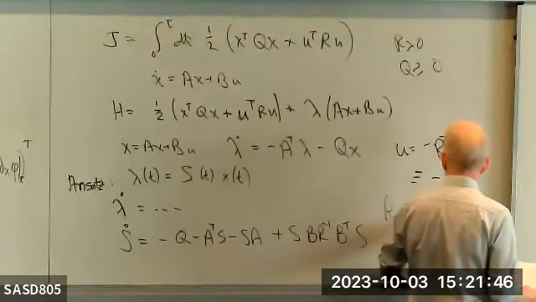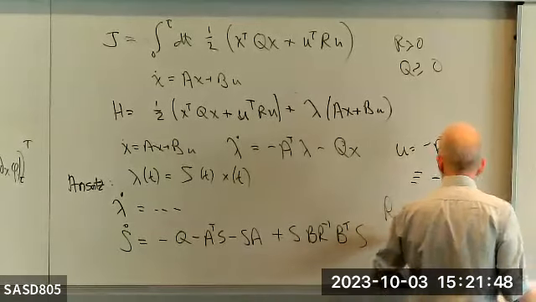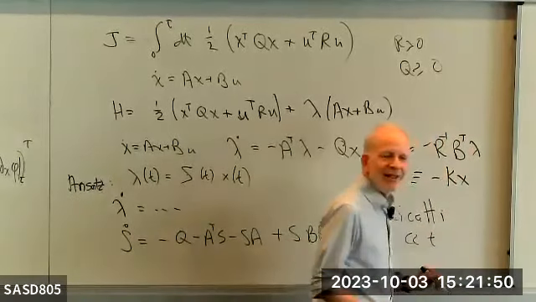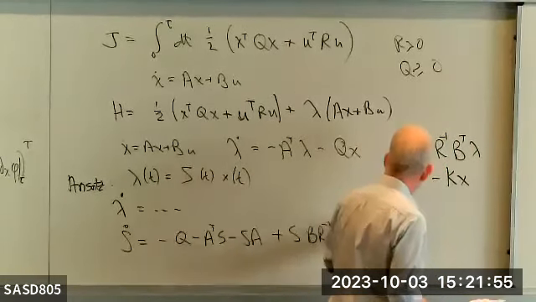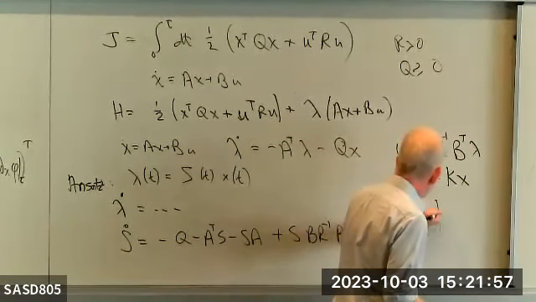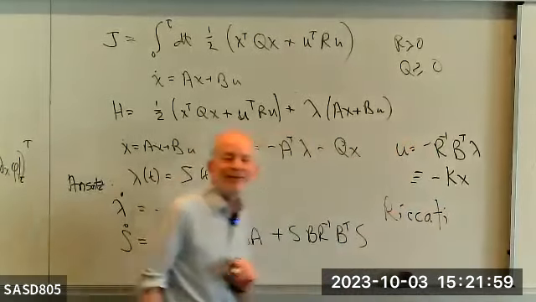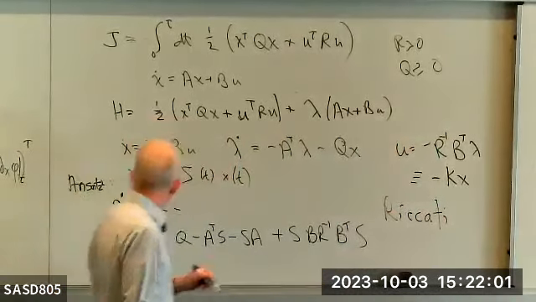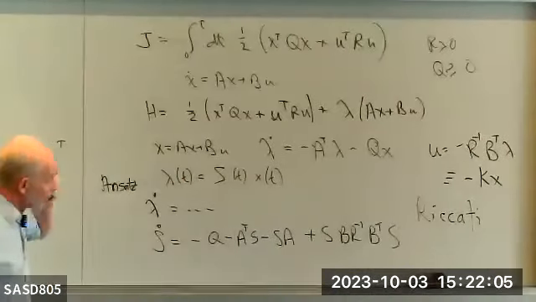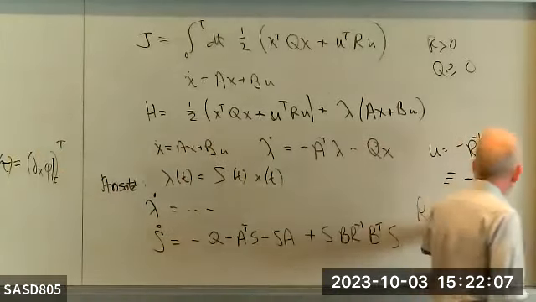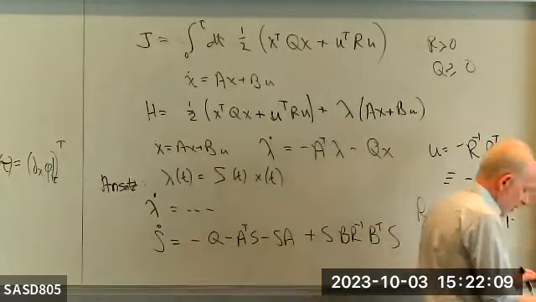I think it's two C's and one T. Yeah, okay. I always get messed up by that. Okay, how about, does that look good? Okay. Yeah, it's called a Riccati equation, differential Riccati equation.